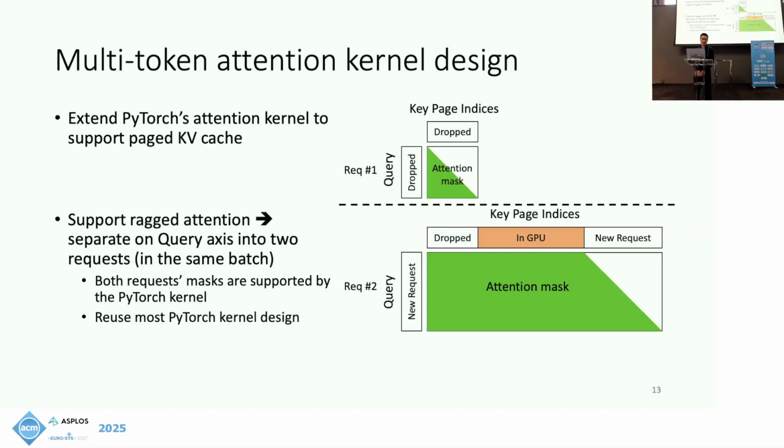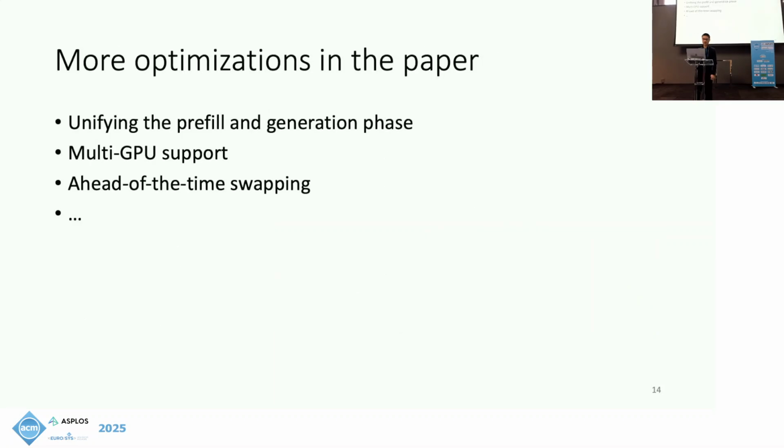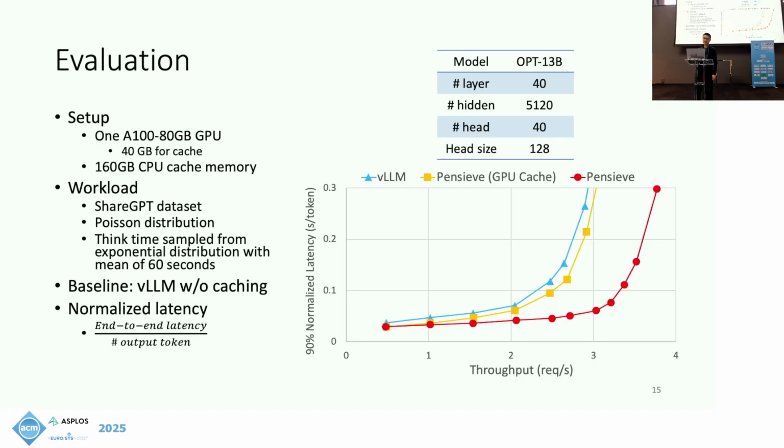Because these two masks are supported by the original kernel design, we can reuse most of it when developing our new kernel. There are more optimizations, like how we unify the prefill and generation, how we do multi-GPU, and so on. Please refer to our paper for details.